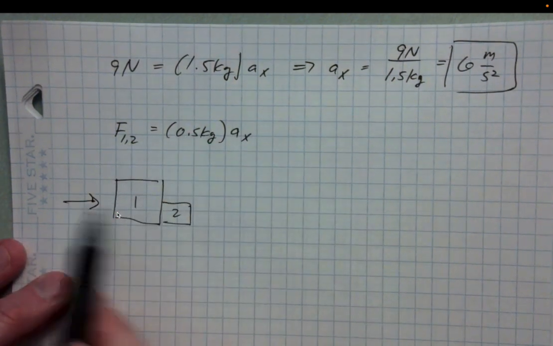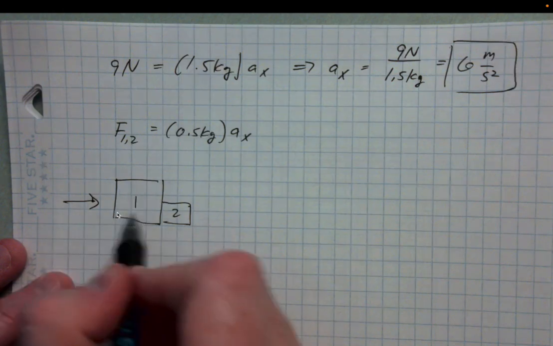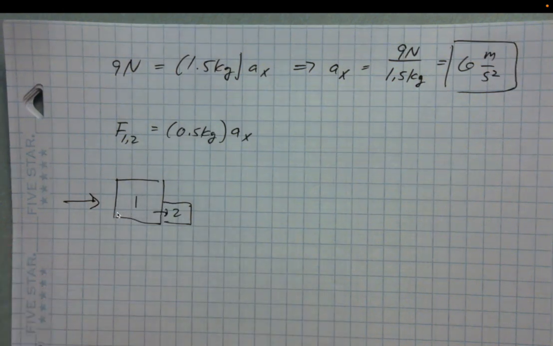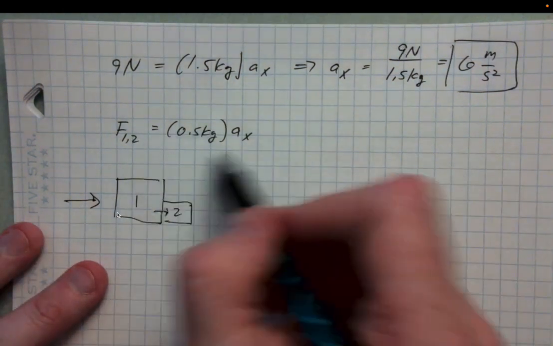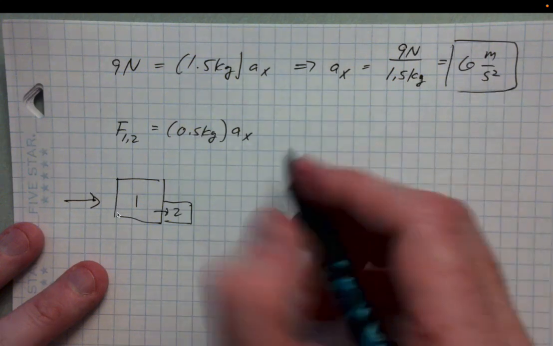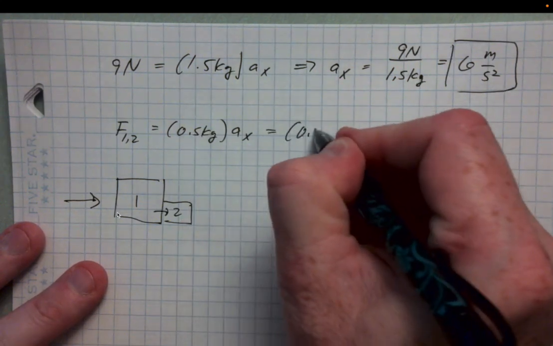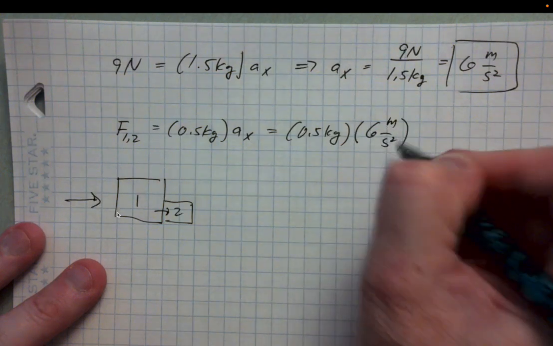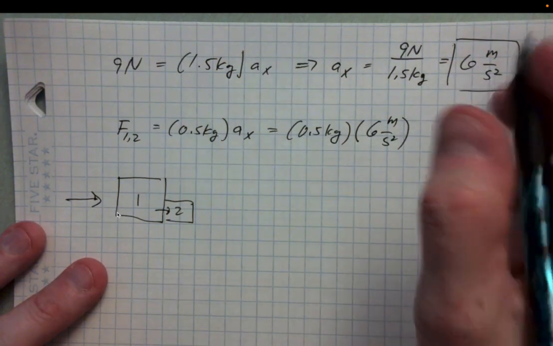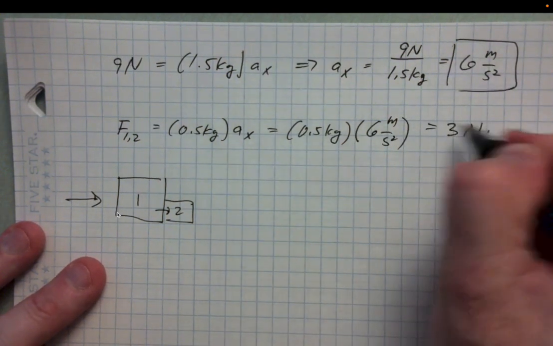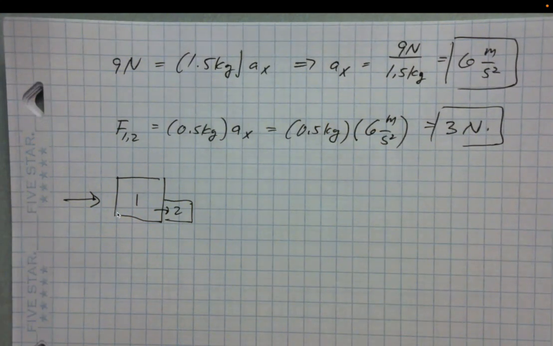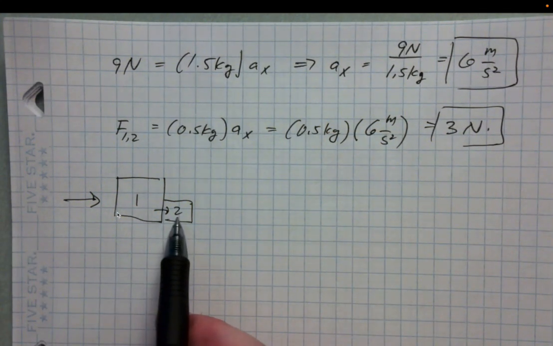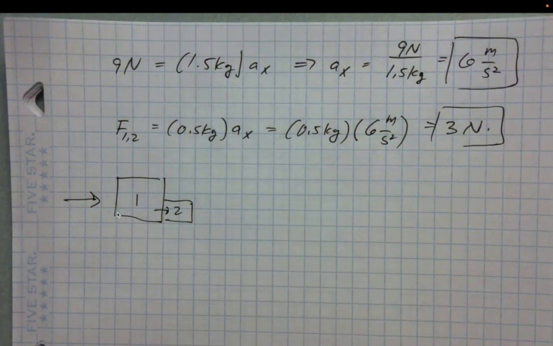You're pushing on 1, and 1 is pushing on 2. How much is 1 pushing on 2? Well, you just have to plug in this acceleration here. So 0.5 kilograms times 6 meters per second squared. And you multiply that together, and you'll see that that's 3 newtons. Okay, so the force that the big block is exerting on the little block is 3 newtons.